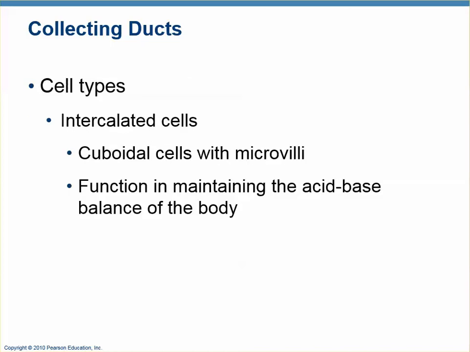The walls of the collecting ducts are made of cuboidal cells, and they have microvilli because it's all about absorption. And they really are very useful in acid-base balance, so it's bicarbonate and that kind of thing, and dilute versus concentrated urine.